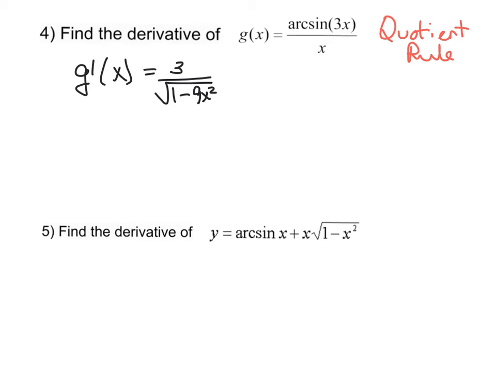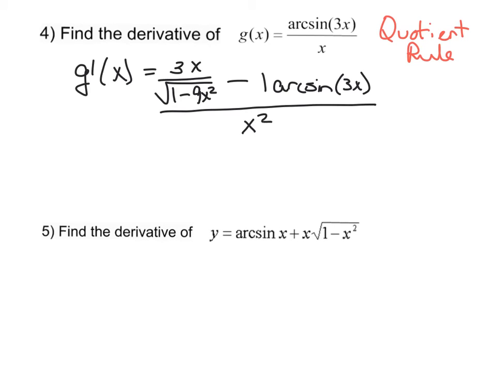So the derivative of the numerator times the denominator, so let's multiply by x there, minus the derivative of the denominator, 1, times the numerator, arcsine of 3x, all over the denominator squared.